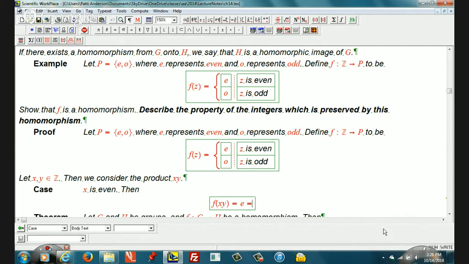So this is going to be an even times anything. So this is going to be f of y, right? But what is an even? I'm going to put times in here. What is an even times anything? It's even, right? Also even.